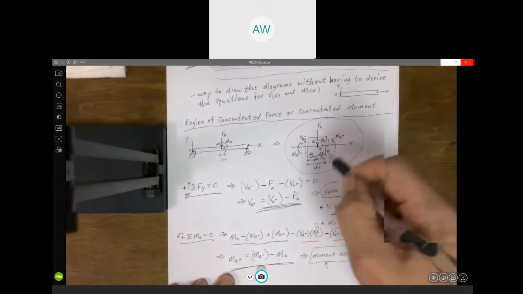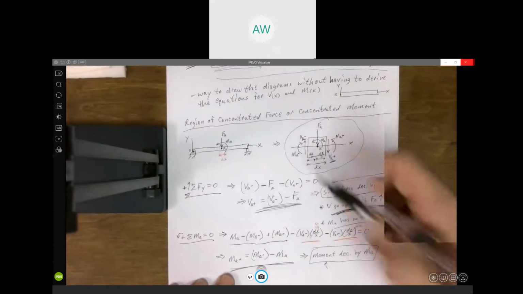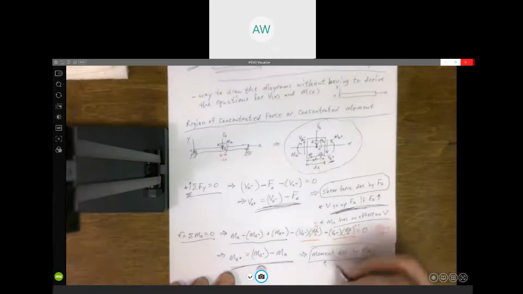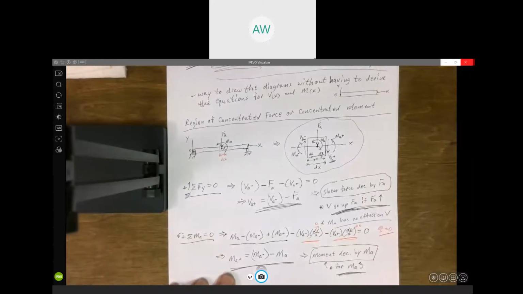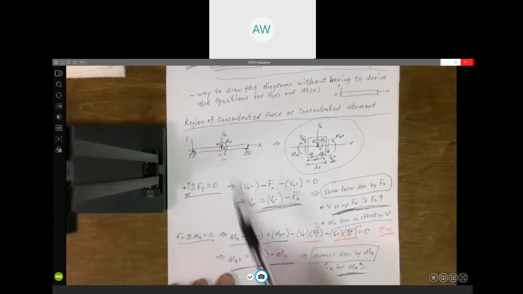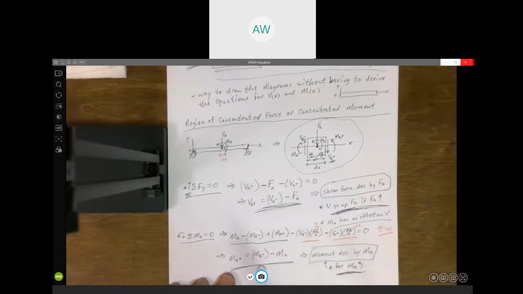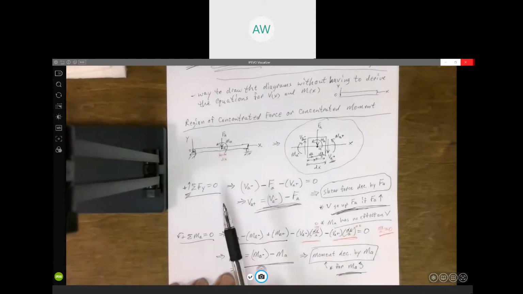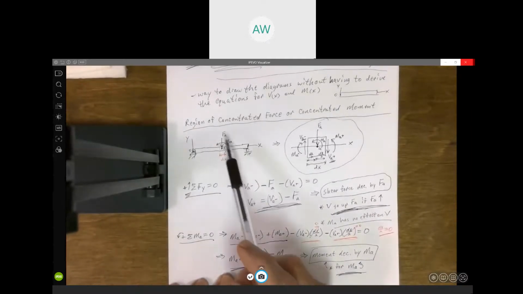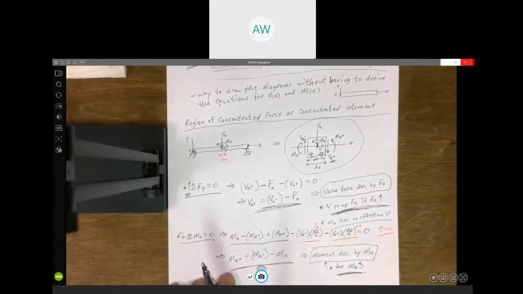Now, just like up here, this was with the force. I assumed MA was clockwise, so that's going to be true for a counterclockwise moment. So if you've got a counterclockwise applied moment like this, when you're drawing your moment diagram, just like the shear diagram went down by whatever that applied force is, the moment diagram is going to go straight down by whatever that applied moment is.